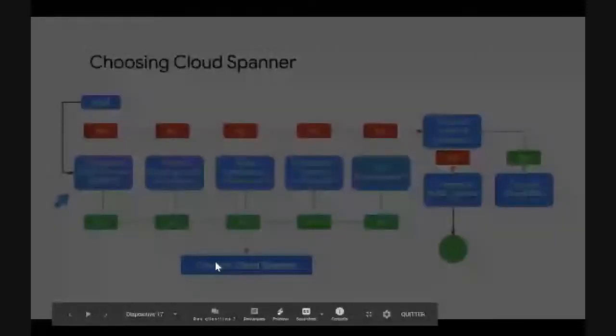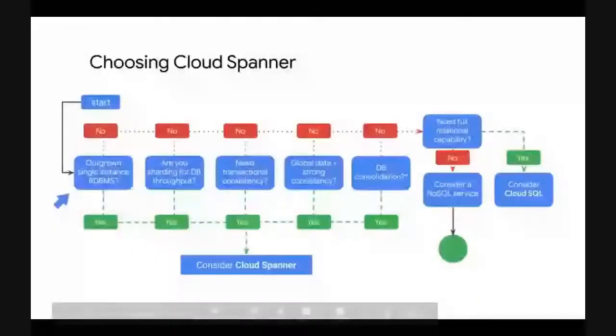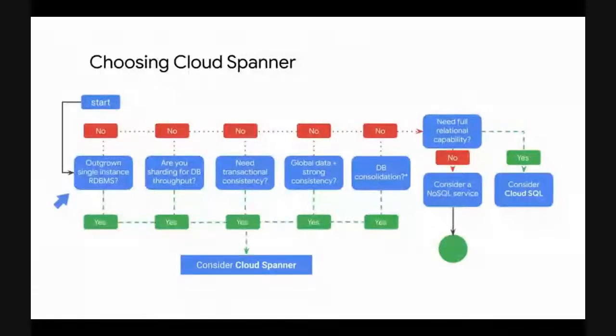Again, let's understand the circumstances when you would use Cloud Spanner. Let's look at the decision tree. If you have outgrown any relational database, are sharding your database for throughput, high performance, need transactional consistency, global data, and strong consistency, or just want to consolidate your database, consider using Cloud Spanner.